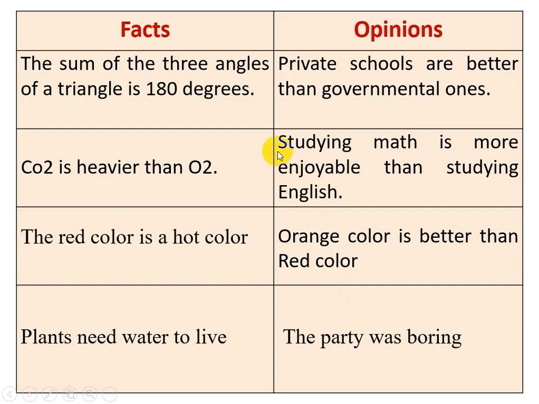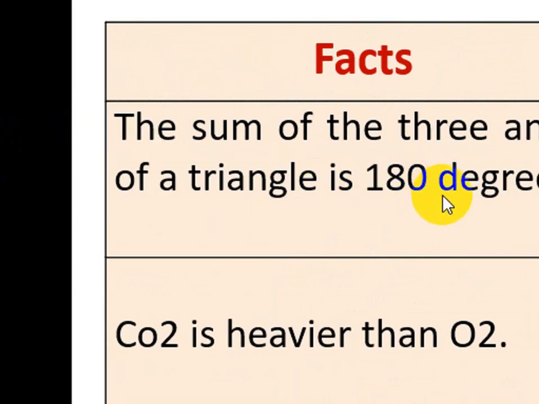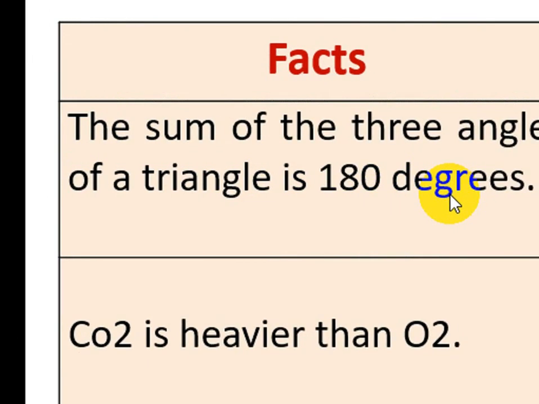Next, let's take some examples of facts and opinions to be able to distinguish between them. When we say, for example, the summation of the three angles of a triangle is 180 degrees, we can say this is a mathematical or geometrical fact because it is established, settled, and agreed upon by mathematicians and scientists.